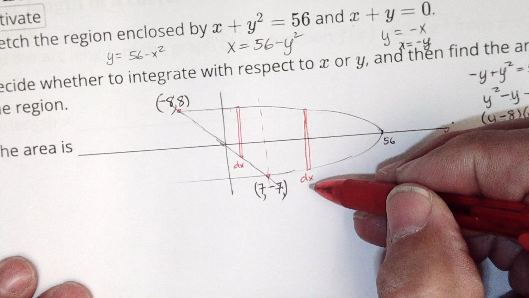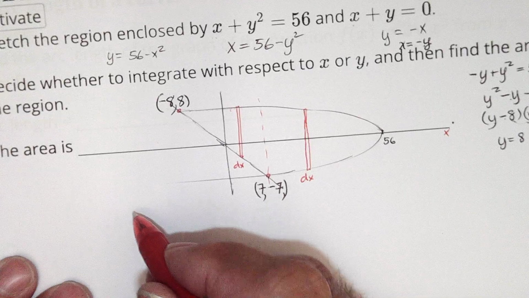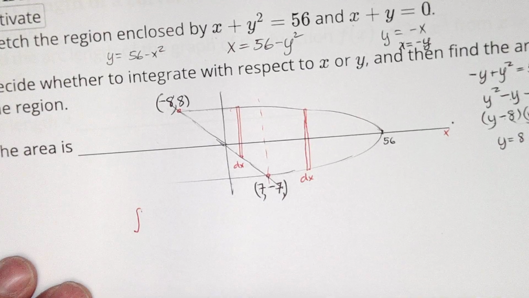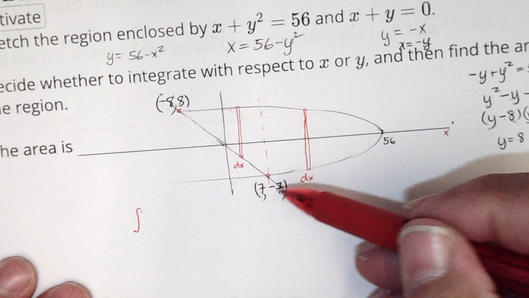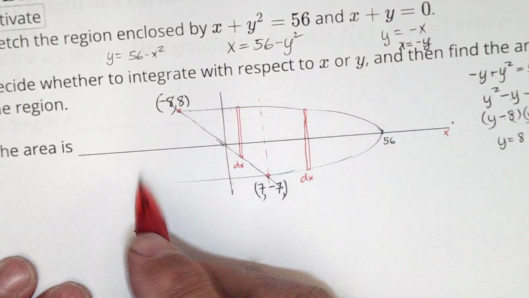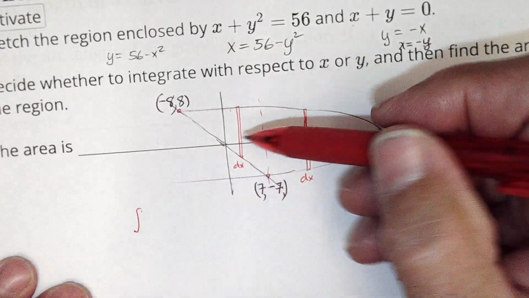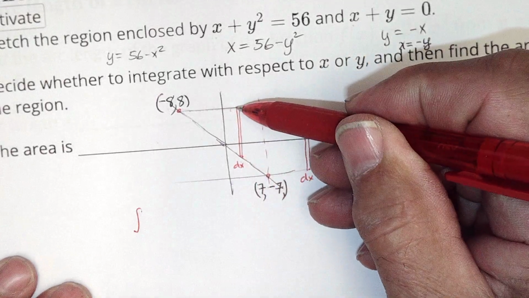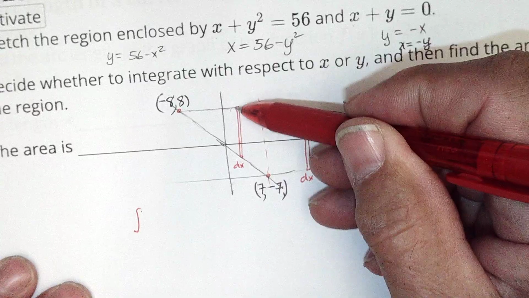Okay, so for these vertical slices, I'm going to integrate. And since I'm doing dx's, I have to have everything in terms of x's. So the height here is y.